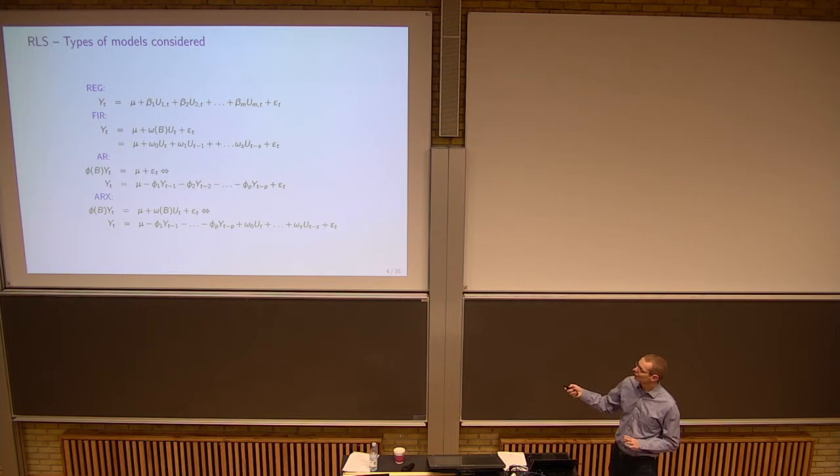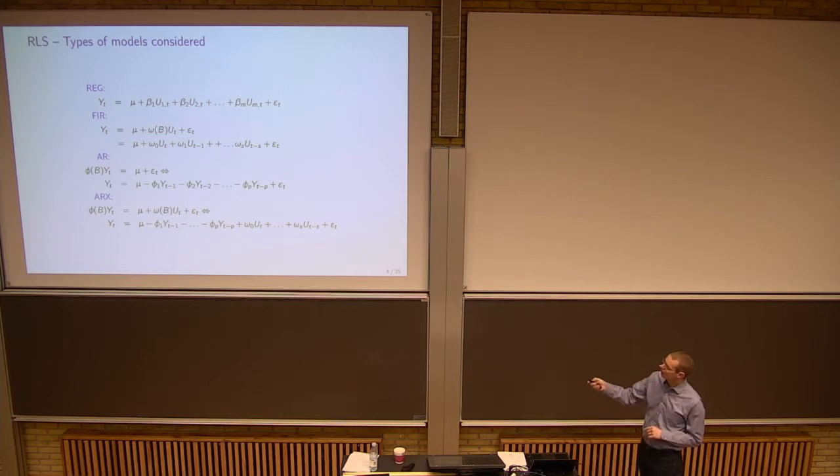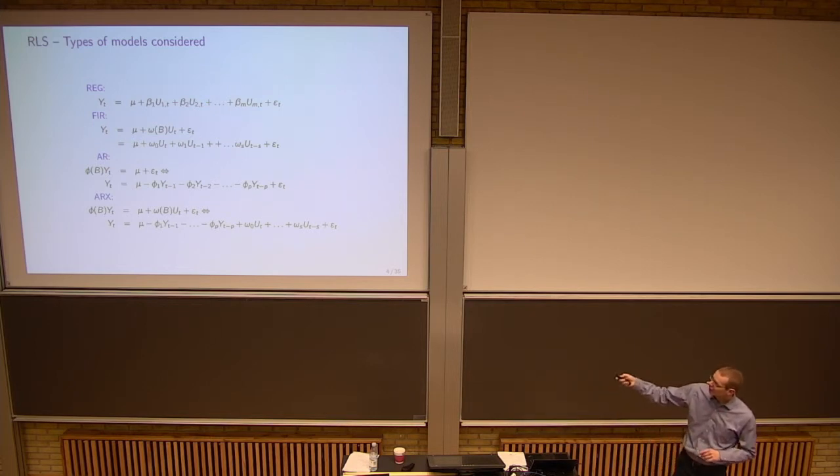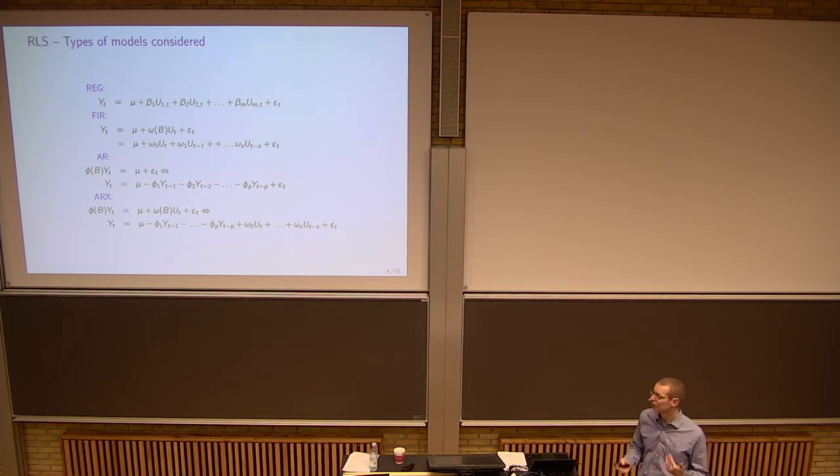We can have a finite impulse response where we have some input, and then we have some noise, and we have a mean value structure, and we can have a linear system with a finite impulse response. These are autoregressive models. We know that we can solve those by means of ordinary least squares.